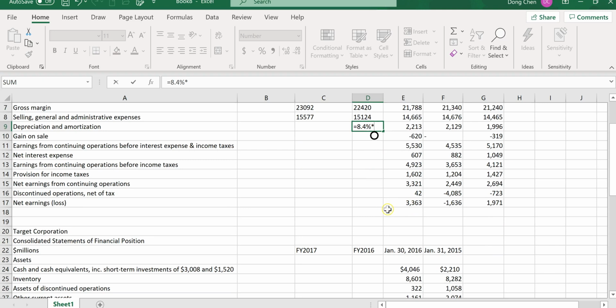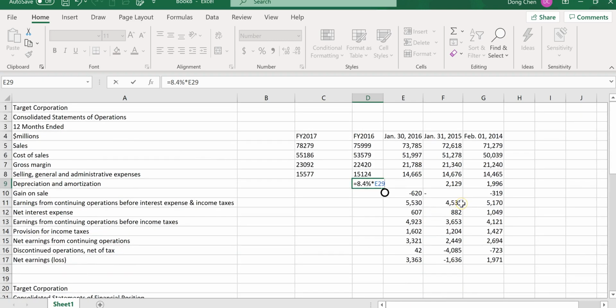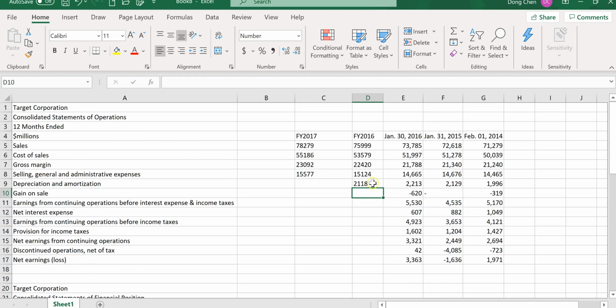In order to use the prior year net PPE, we need to go to the balance sheet. Basically it's the number here, 25,217. Yeah, that number there. So that's the depreciation and amortization for fiscal year 2016.